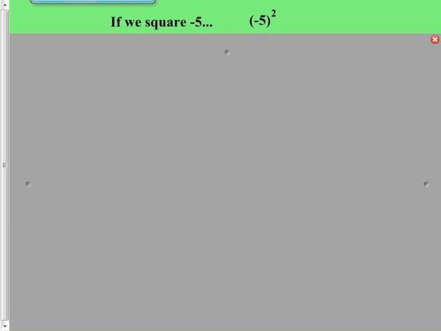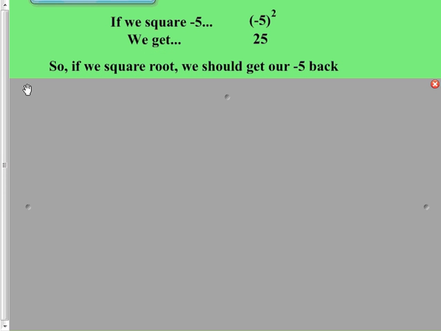So let's take a value like -5. If we were to take a value like -5 and square it, we would get +25, because obviously 5 times 5, and that's what squaring something means, to multiply it by itself. 5 times 5 is 25, and a negative times a negative we know is always going to be positive. Now we just enacted some type of an operation.